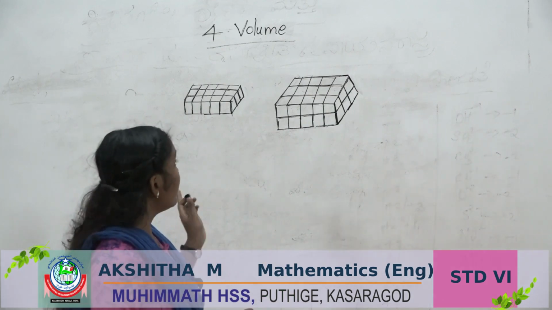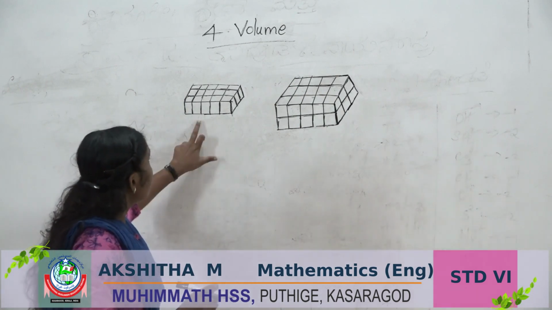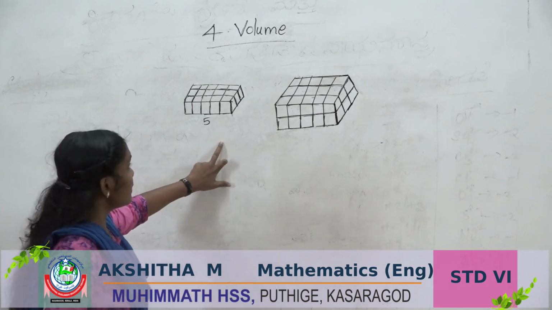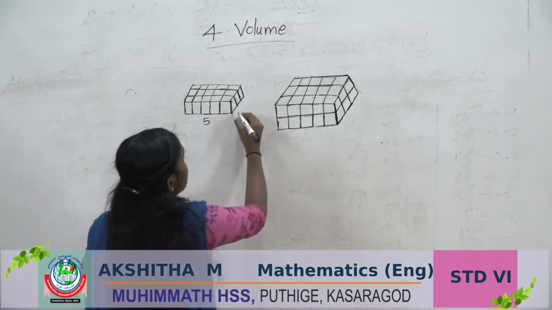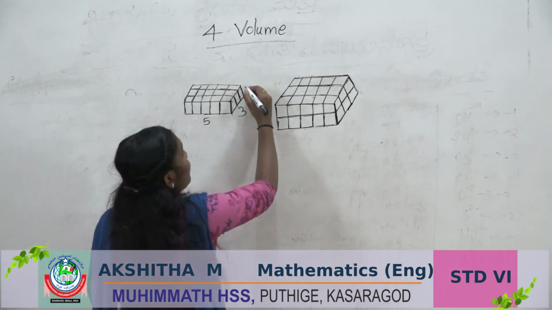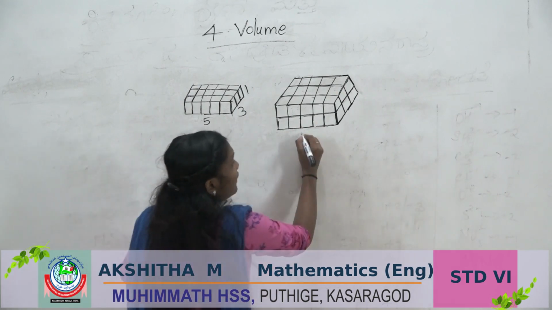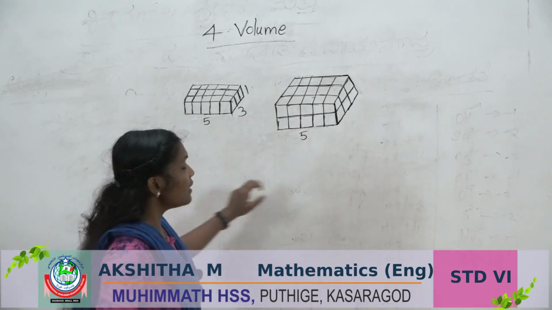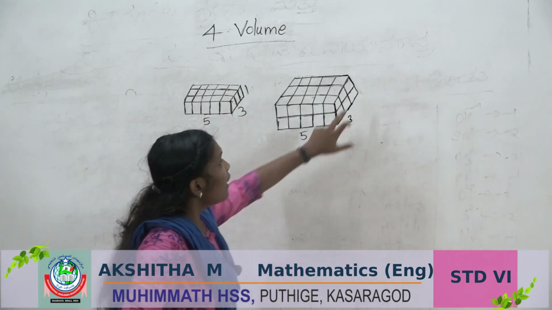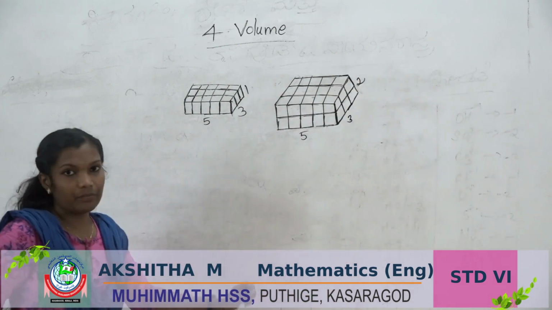You can see here two rectangle blocks. Here length is 5 centimeter, breadth is 3 centimeter and height 1 centimeter. In the second picture, length is 5 centimeter, breadth 3 centimeter and height is 2 centimeter.